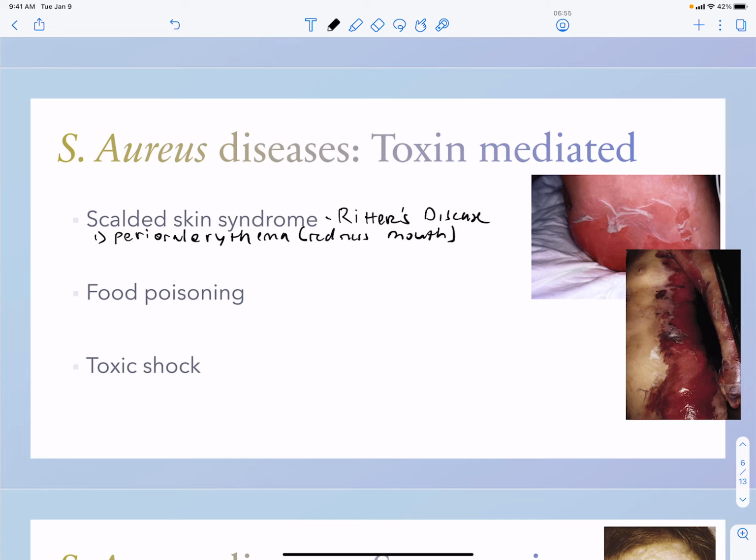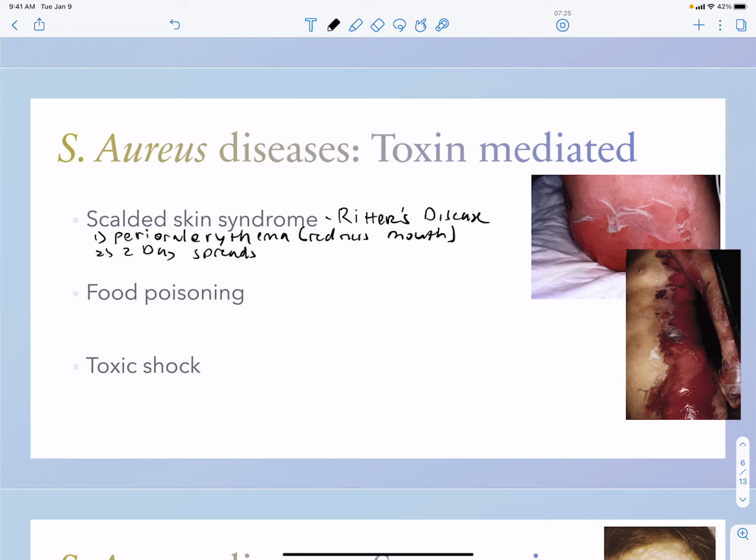And then after that, you're going to have this redness spread to the entire body. So within 2 days, it spreads. And then this is going to have a Nikolsky sign, which means slight pressure to the skin will displace the skin. And basically the upper layer of the skin is sort of shedding. Think of it kind of like a snake, and it's going to just kind of peel back.